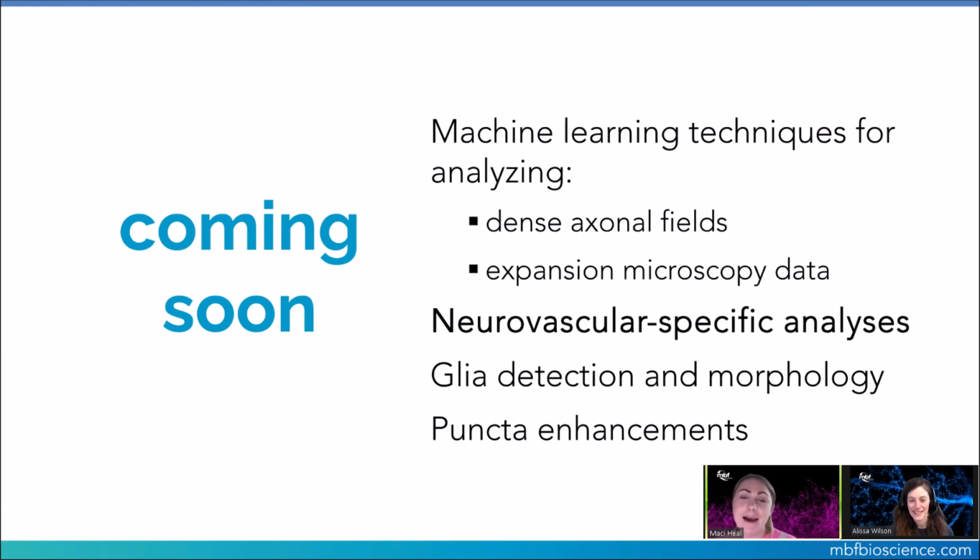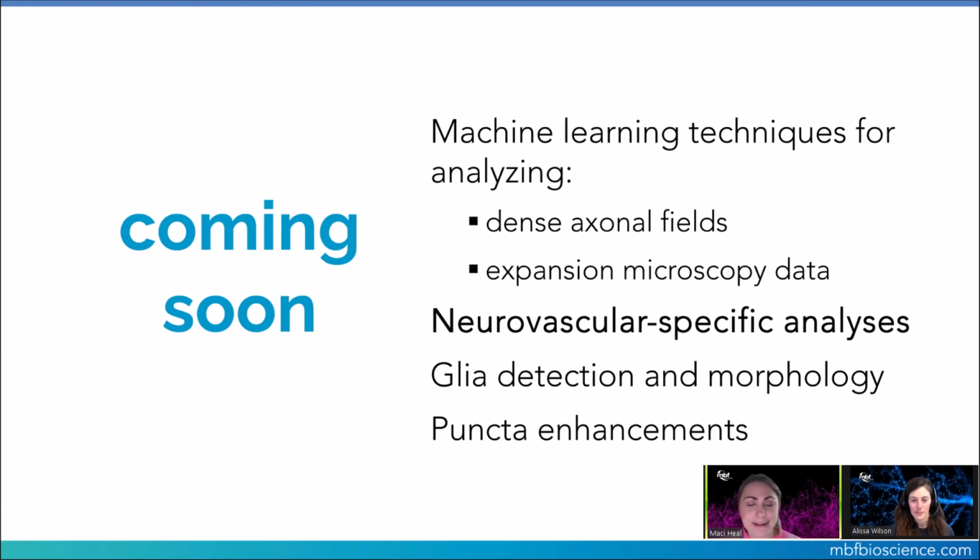But just to give a little taste of what is coming up, we are employing methods of machine learning to analyze really dense axonal fields, also to analyze expansion microscopy data. We're adding more neurovascular specific analysis in our Neurolucida Explorer application, like I mentioned.